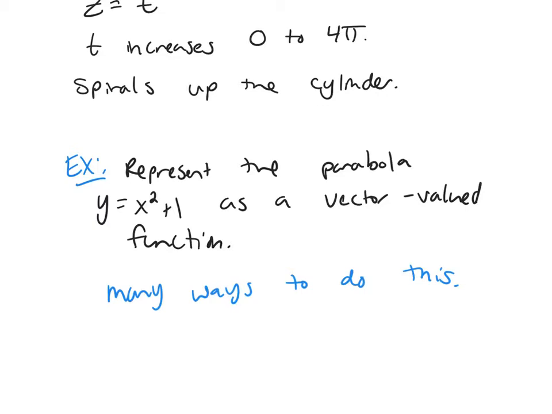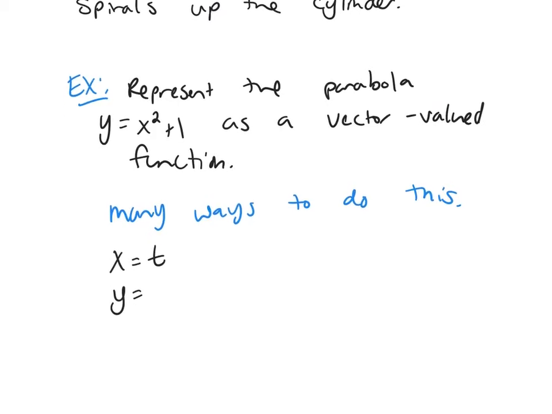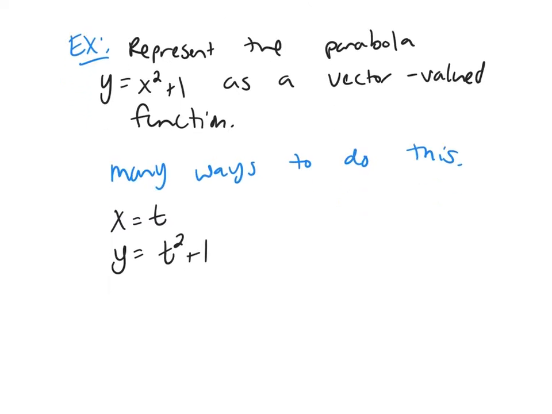And so one easy way to produce a vector valued function for this equation would be to say, let x be t, and then you're going to write your y equation in terms of t. It would be t squared plus 1. And so one vector valued function for this curve would be t i plus (t squared plus 1) j.